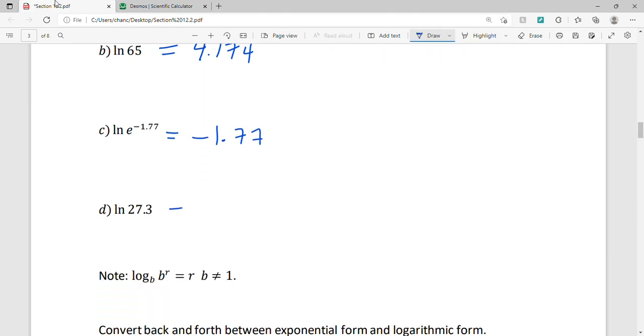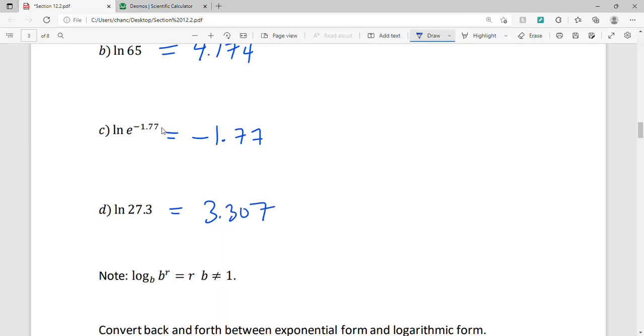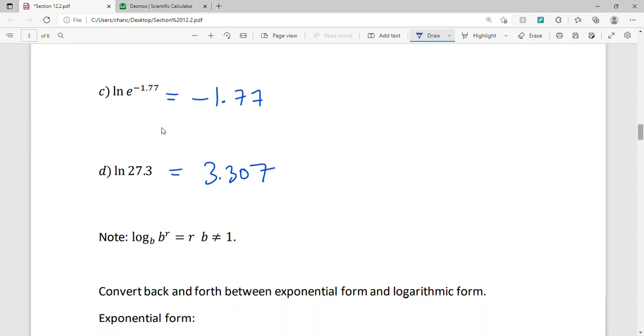In part D, I'll have to use my calculator for this. Let's look for the natural log of 27.3. And that's 3.307. Again, I'm rounding that to 3.307 with my Desmos calculator. But you could use other scientific calculators and should get the same result.